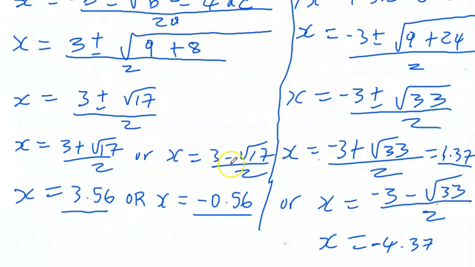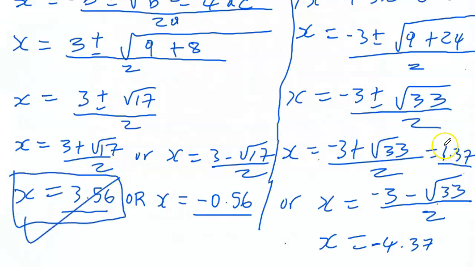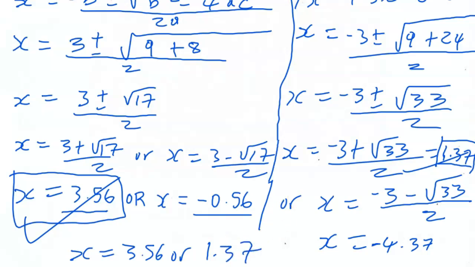Now, notice we end up with 4 values. But which solutions do we take? We'll take the 3.56 as one solution, and we'll also take 1.37 as the other solution. So x equal to 3.56 or x equal to 1.37. Now, why these values?